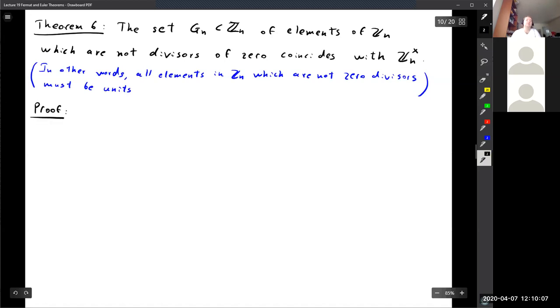And here is how the proof will go. We will basically use the same trick as we employed in Theorem 4.